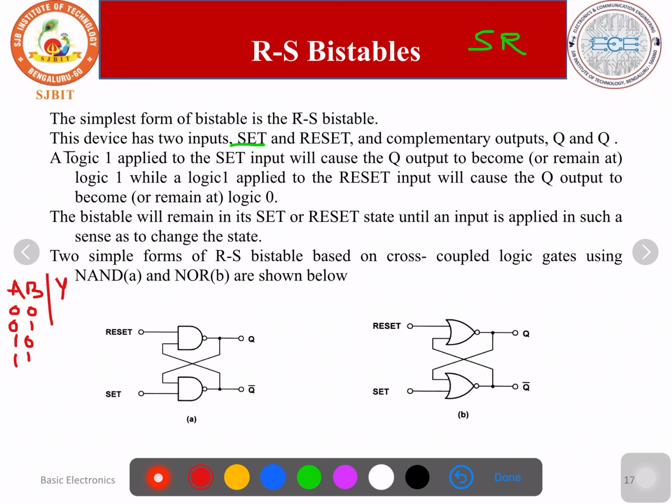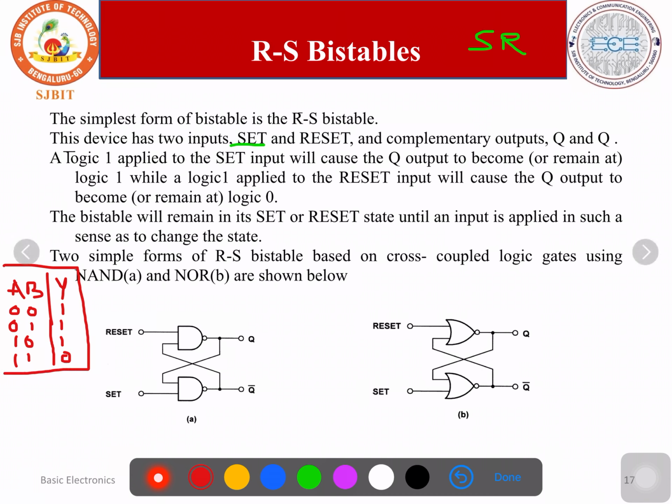It is a NAND gate. 0 and 0 is 0, its complement is 1. 0 and 1 is 0, its complement is 1. 1 and 0 is 0, its complement is 1. The last one, 1 and 1 is 1, its complement is 0. So this is the truth table of the NAND gate.